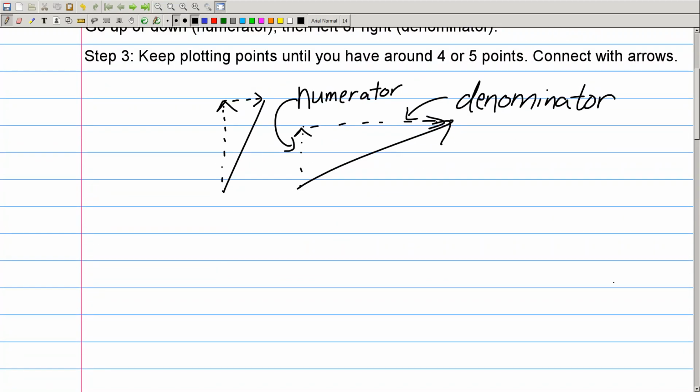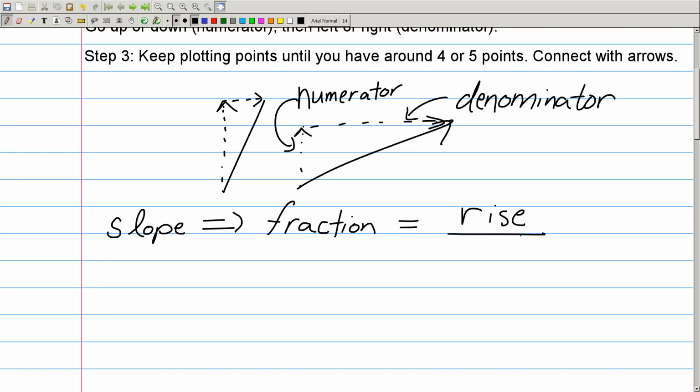That is the slope. The slope is really a fraction. Okay, so slope is a fraction, and it tells you how much the line rises and how much the line runs, meaning how much the line goes this way, this is the rise, and how much the line goes this way.